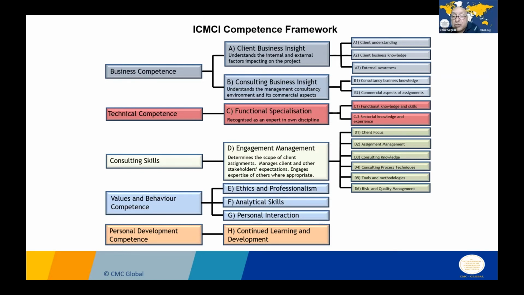So these include client focus, assignment management, consulting knowledge, consulting process techniques, tools and methodologies, risk and quality management. Risk and quality management were also mentioned in the previous version, but emphasized more in this new version.